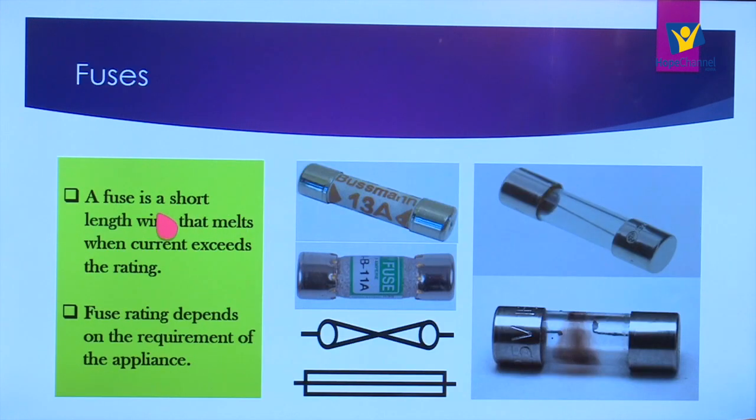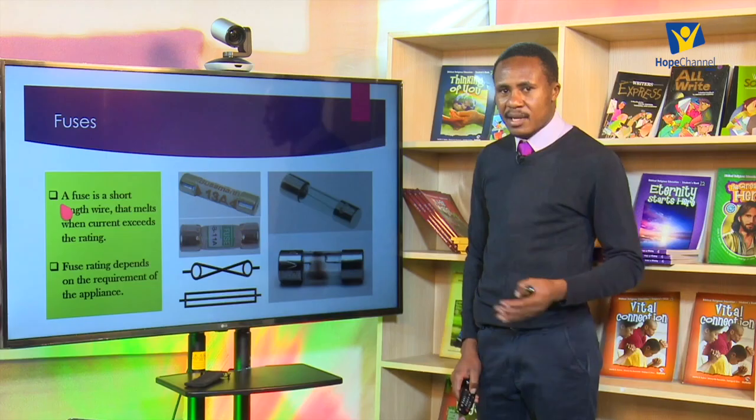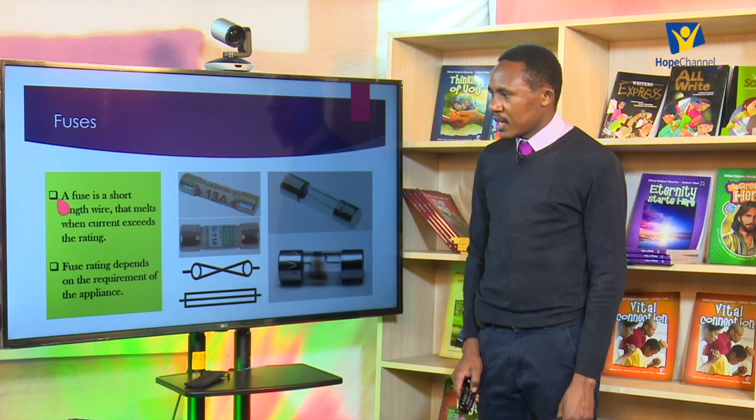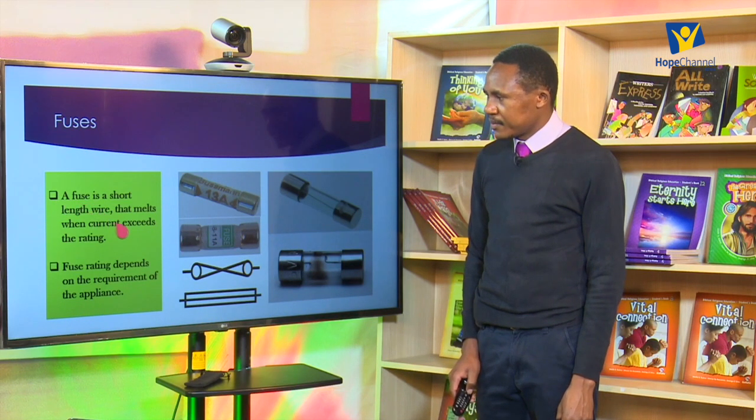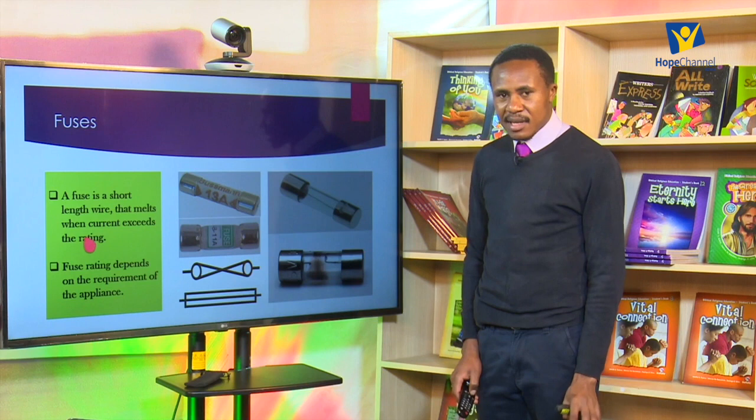A fuse is a short wire of low melting point. What happens is that when current passing through exceeds the requirement or exceeds the rating, the fuse will melt, and in the process it cuts off the supply. So we say a fuse is a short length wire that melts when current exceeds the rating.